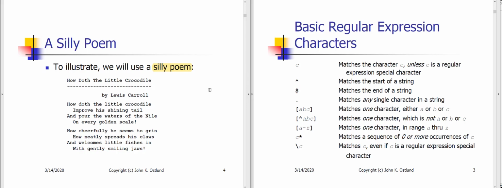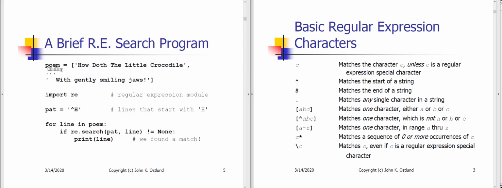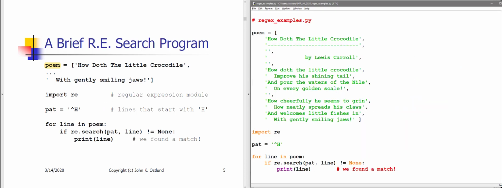Okay, so in the context of a Python program, particularly this regex examples.py program, we're going to store the poem as a list of strings. Okay, and then we're going to use a for loop to search through each line in the poem.